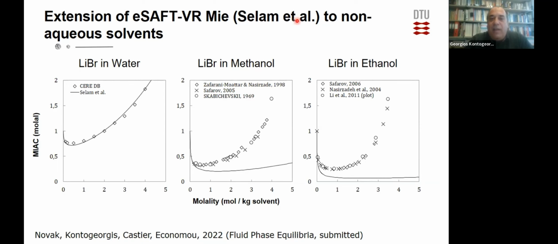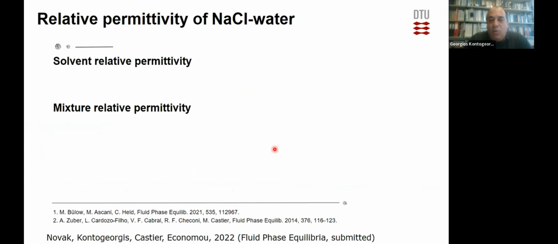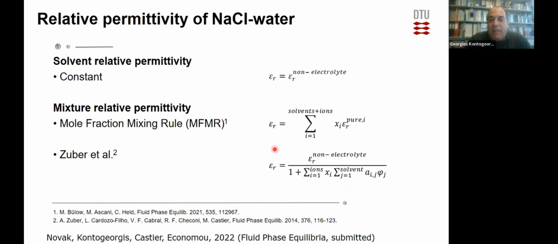So the electrolyte SAFT-VR that we have been using had the Born term, but without composition dependency. We couldn't see any problem for aqueous systems. Lithium bromide water, the results are very good. But when we went to non-aqueous solvents, then even if we fitted the interaction parameter between the ions and the solvent, we were not able to represent the experimental data correctly. So we decided to look at various expressions for the relative permittivity.